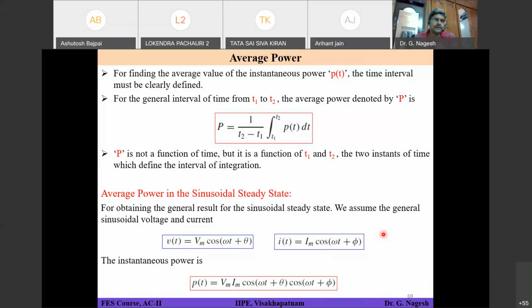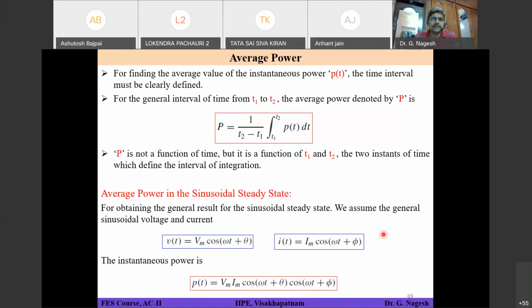If you ask whether it depends on instantaneous power or average power, average power is more important for us, because average power is directly linked to the heat generated in the resistor. Heat will result in burning of your resistor.